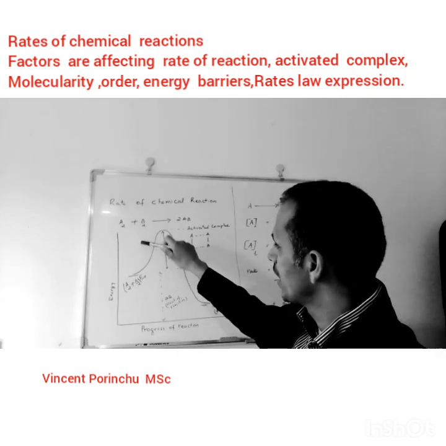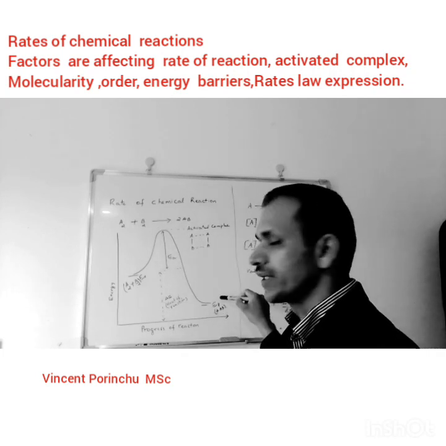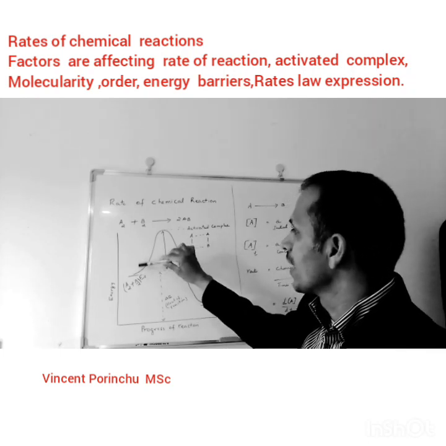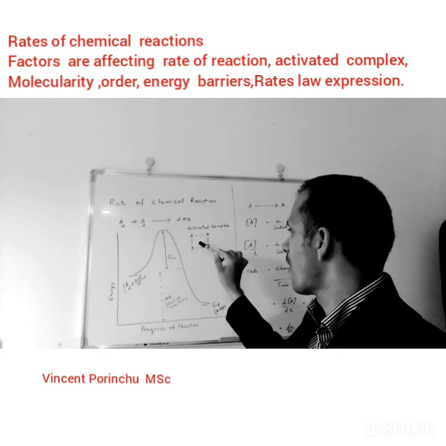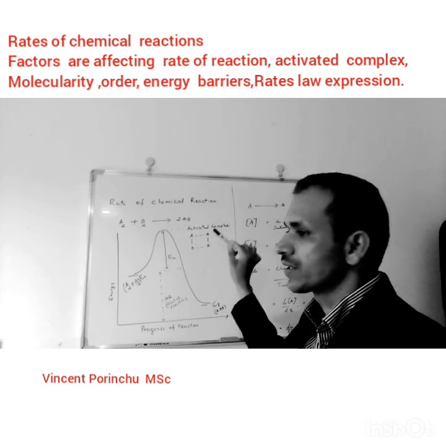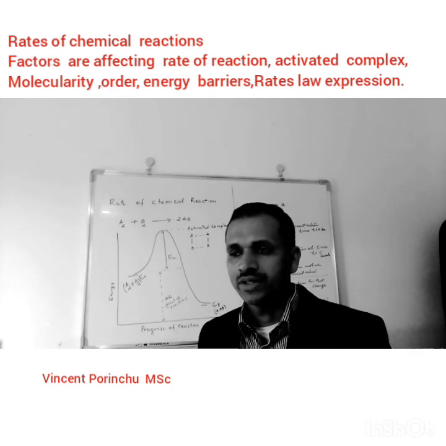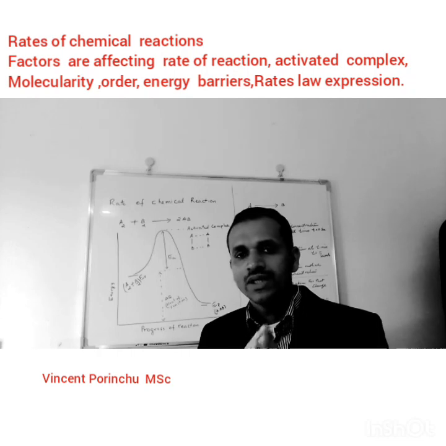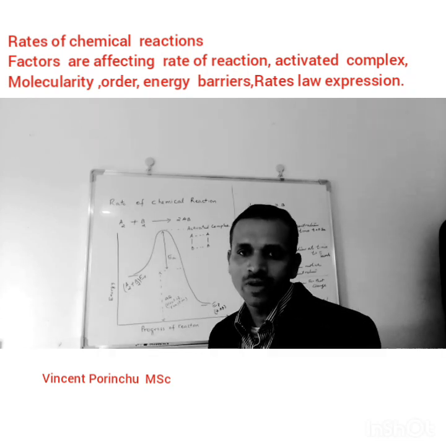During the transformation of reactants into products, in between there is a chance of formation of a complex; an activated complex formation takes place. So what is activated complex formation? During a chemical reaction, it starts from reactants and ends up in the formation of products.